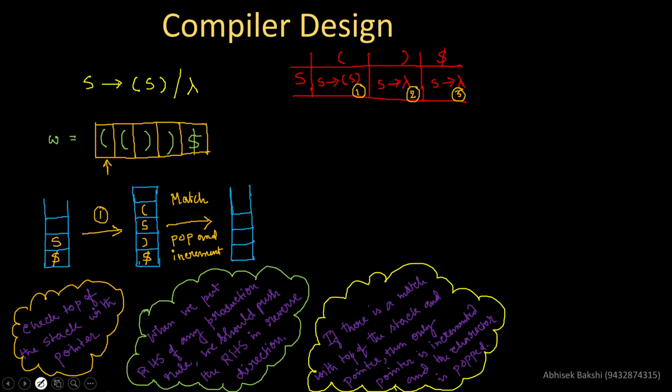So that means there will be dollar, closing brace and S, and your pointer will get incremented over here. Now same thing, S on opening brace. What is this? Again number 1. So that means again number 1. And what will happen as a result? What will be the change on the stack?